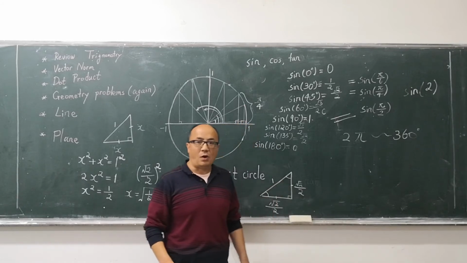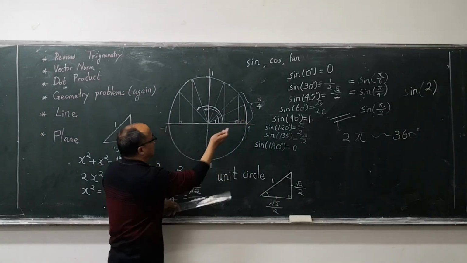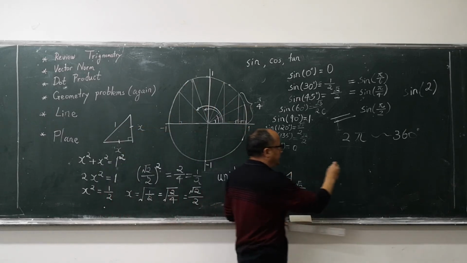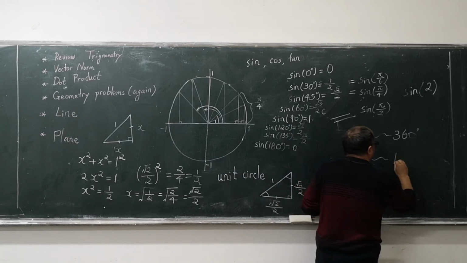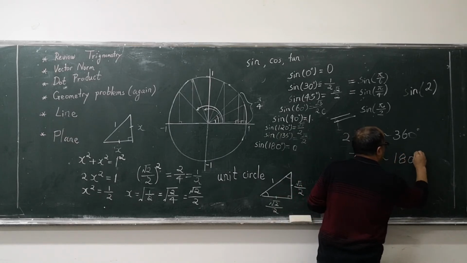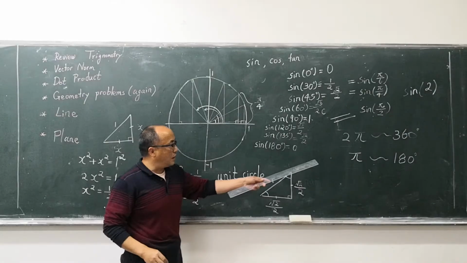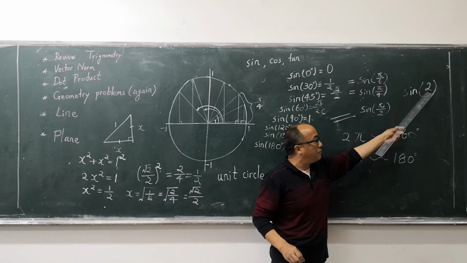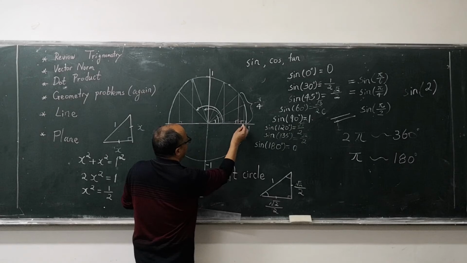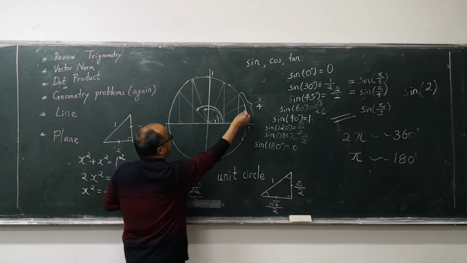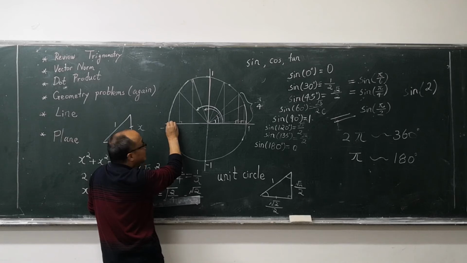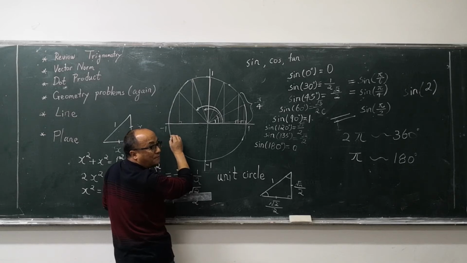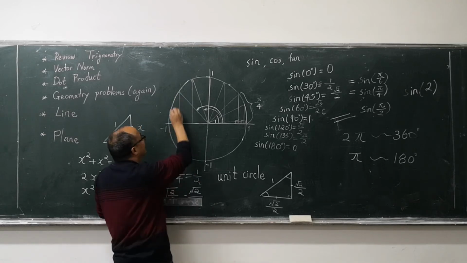Pi is 3.14. So over here is 180 degrees, and it is pi. Take this example again, 2. The length 3.14 is here. So 2 is a little bit shorter than 3.14, so it's somewhere here.